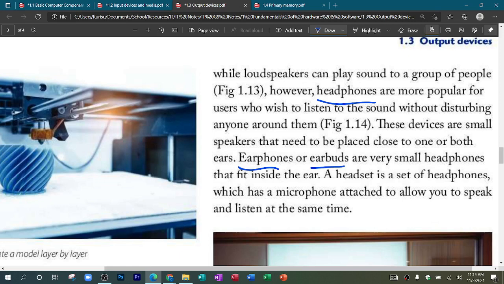A headphone goes over your ear, or goes over your head. An earphone or earbud goes inside of your ear. So the headphone goes over the ear or over the head, and the earphone or the earbud goes into the ear. And then we also have a headset, which is basically a headphone with a microphone.